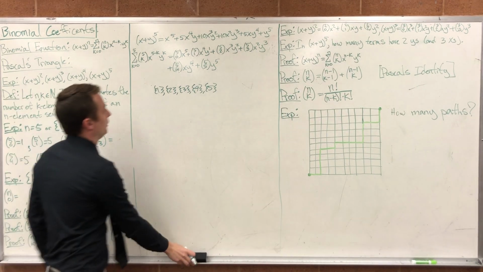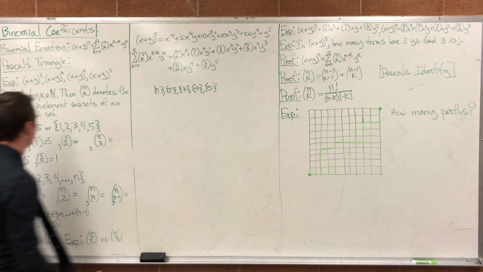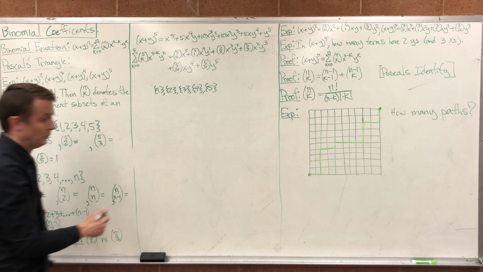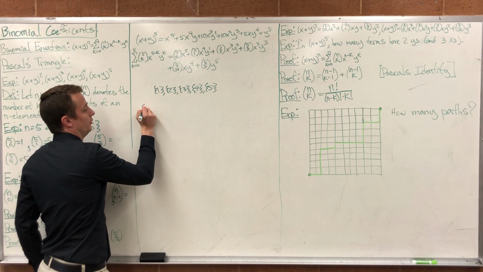Now what about 5 choose 2? How many 2 element subsets can I create from a 5 element set? That one's hard to think about. We might just have to brute force that one. What can I have?